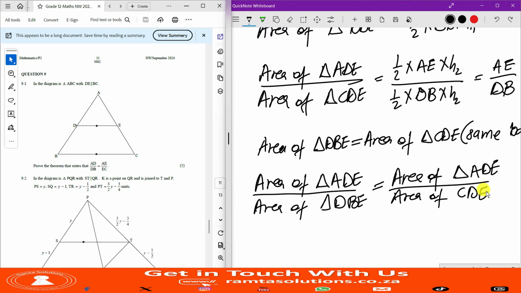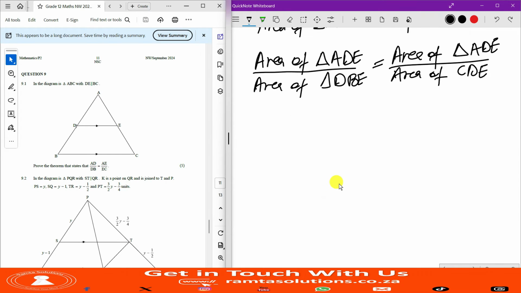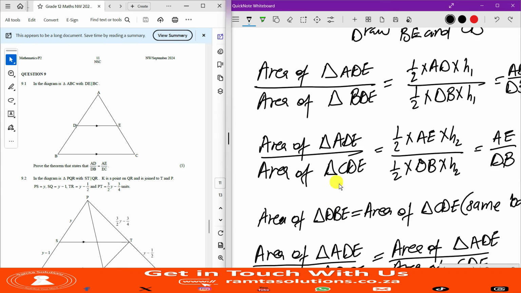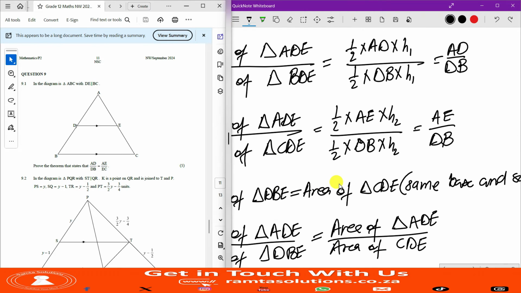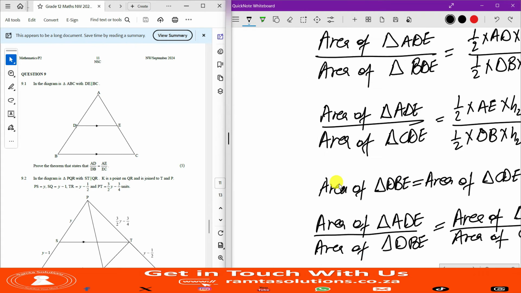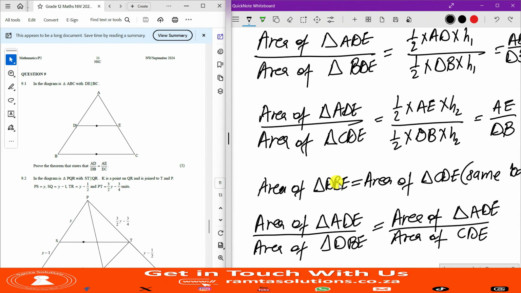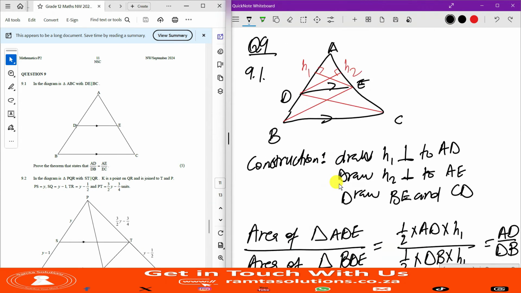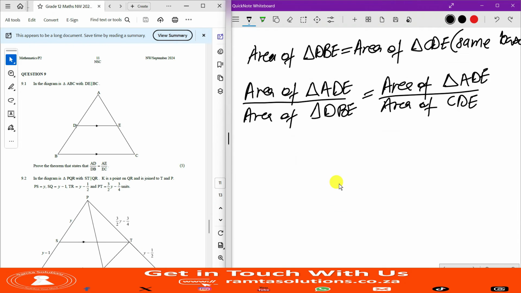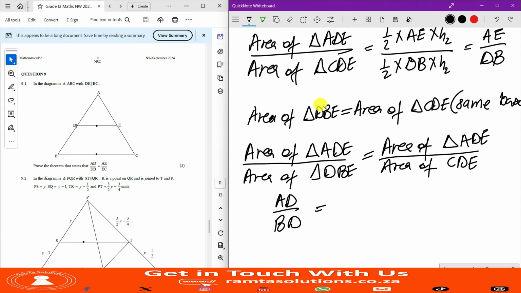Now, what was the area of triangle ADE over area of triangle BDE? It was AD over DB. AD over BD, isn't it? And then area of triangle ADE over CDE.